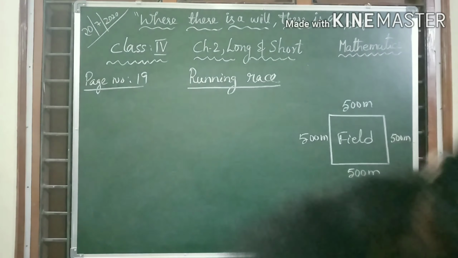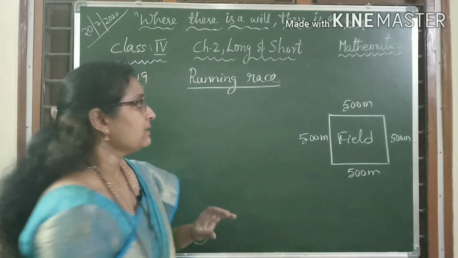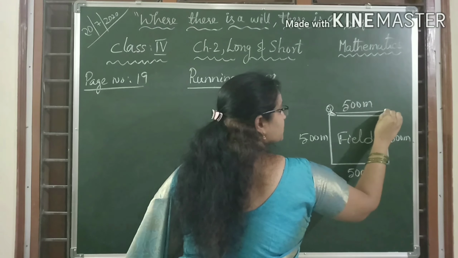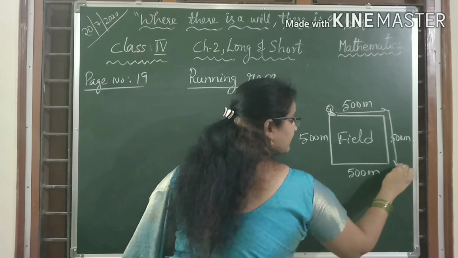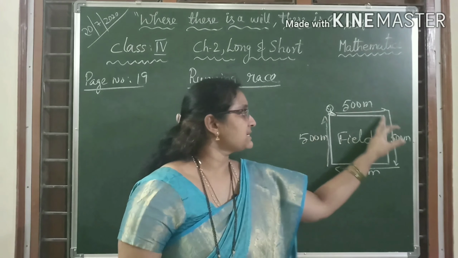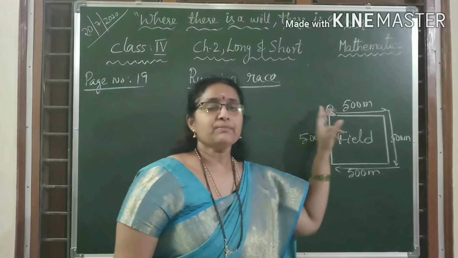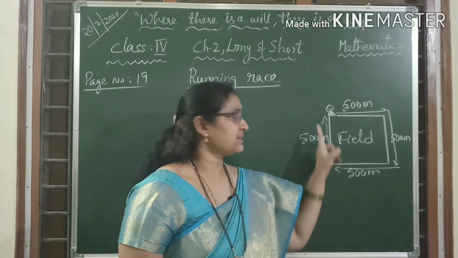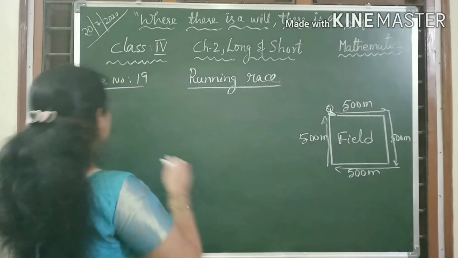1 round of the field he ran means what? He started from here. From here he took a round like this. He ran like this. That means he covered all the sides of the field. That means 1 round of the field is nothing but the sum of all sides of the field.